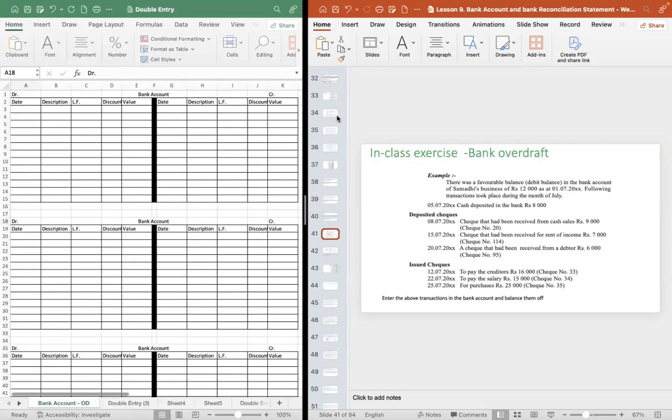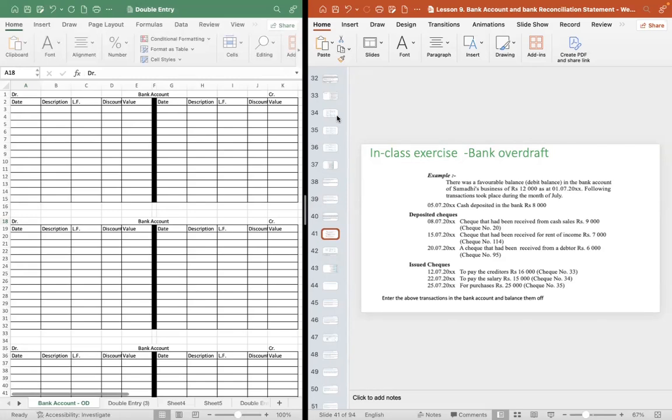And then there are 3 issued checks. To pay the creditors, rupees 16,000, check number 33. To pay the salary, 15,000, check number 34. For purchases, 25,000, check number 35.